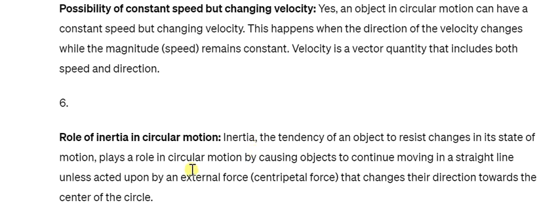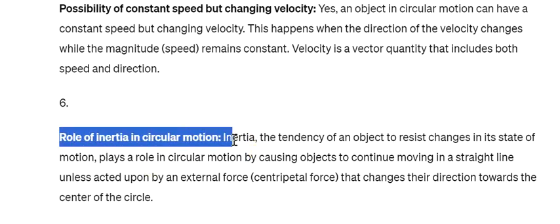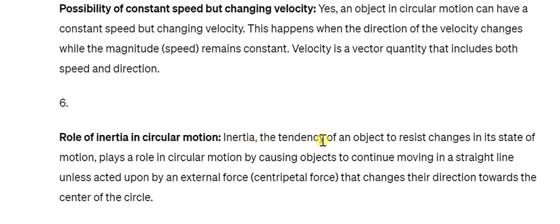Further, the answer of question number 6 is what is the role of inertia in circular motion? So inertia is basically the tendency of an object to resist changes in its state of motion. It is also a law of Newton.